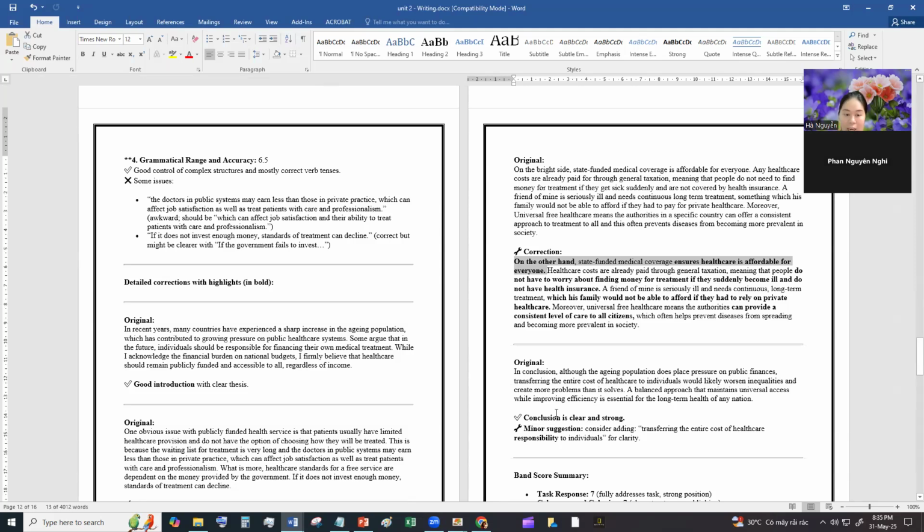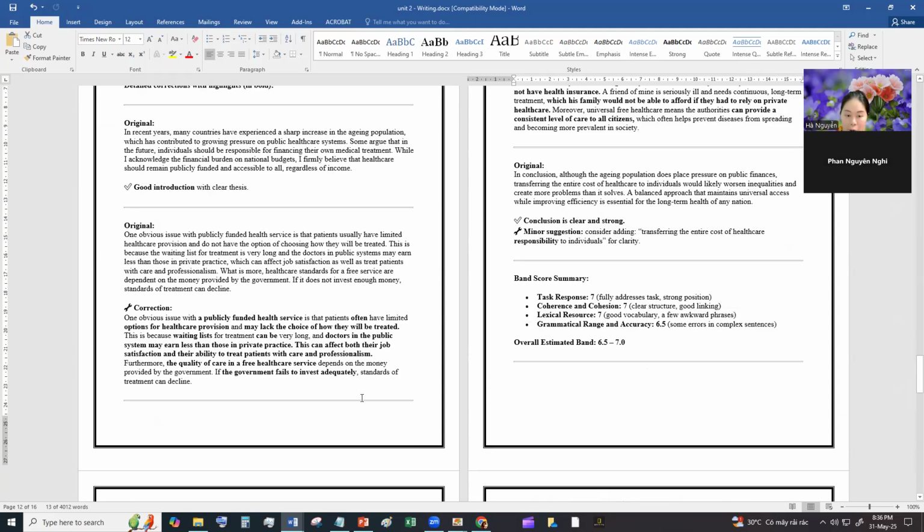So once again, your writing is approaching band 7. Good job. You have a good introduction, much better thesis statement compared to the student book writing. And also a conclusion that is clear and strong. However, on the body paragraph, pay attention to academic language. So please have a look at the correction to know what they are.